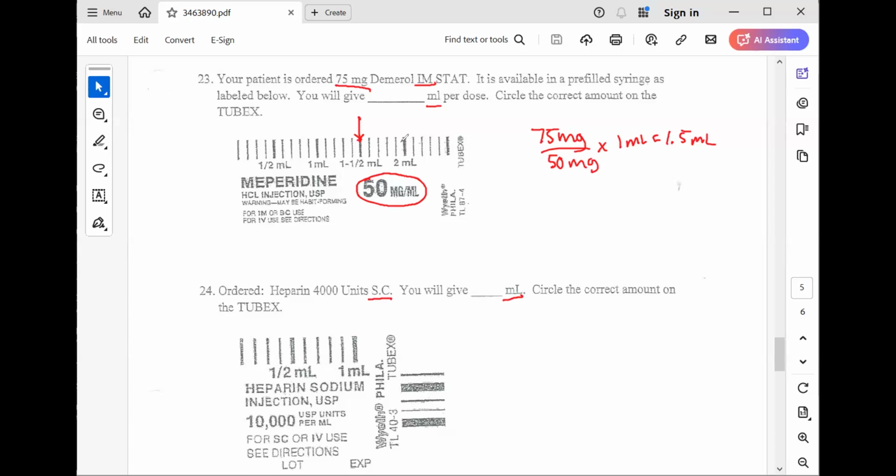A lot of times it's good to review these to make sure, because some syringes are going to be measured in twos, meaning every 2 units or every 2 ml. I think I have an example of that later on. Go ahead and try this one, number 24, and let me know what you get for your ml, and then I'll mark the syringe.